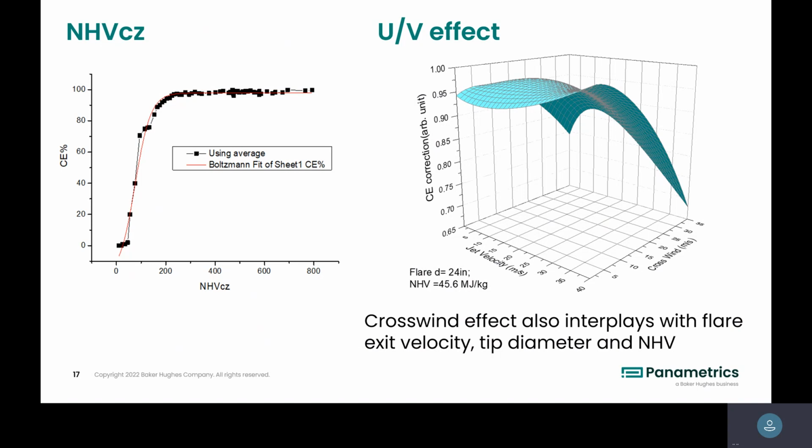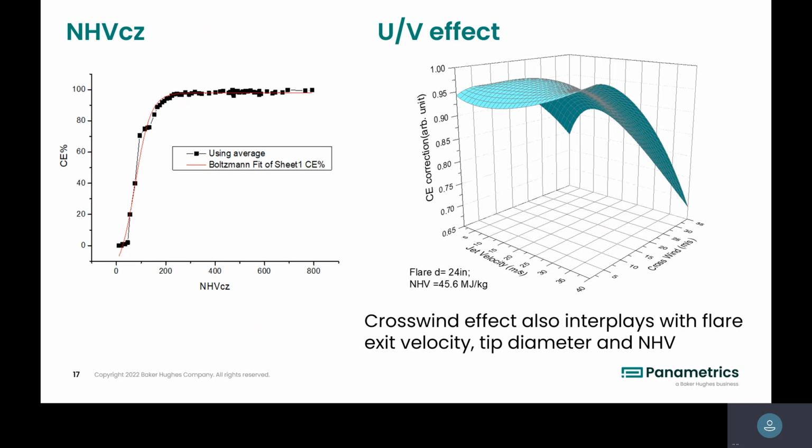And of course, a lot of times it's not one-dimensional. We know that it's more complicated than just a few factors. It's a combination of a lot of things. So for example, UV effect is not just UV. It's the heating value, it's the diameter. All those can affect this UV effect.